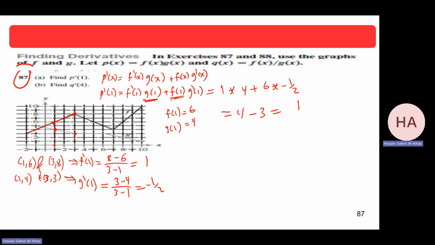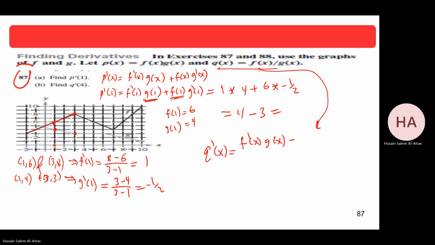To find this one with this graph, I think it will be very difficult to see, so I will leave it. But it's the same idea. In this one, you need to find q prime, which is f prime times g minus g prime times f over g squared.